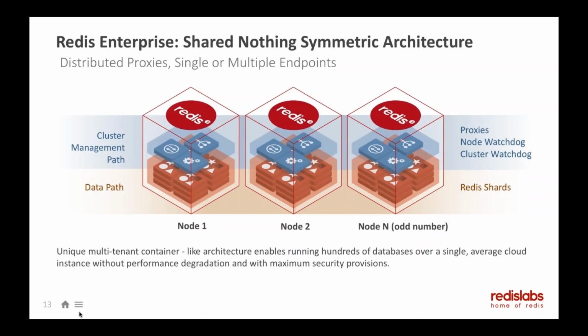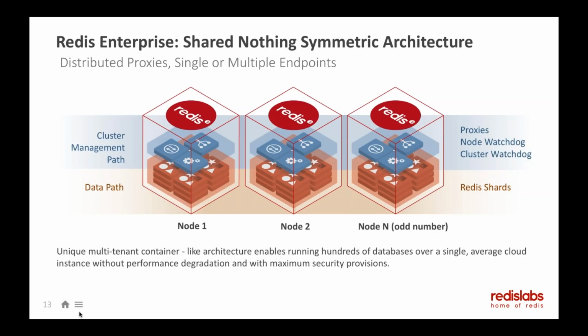So what does Redis Enterprise bring to the table? Let's talk about that a little bit. What you're seeing in front of you is essentially our typical deployment model. At the bottom layer we have the data path that is based on Redis. Then on top of that we have added an additional layer of functionality by introducing a management path.